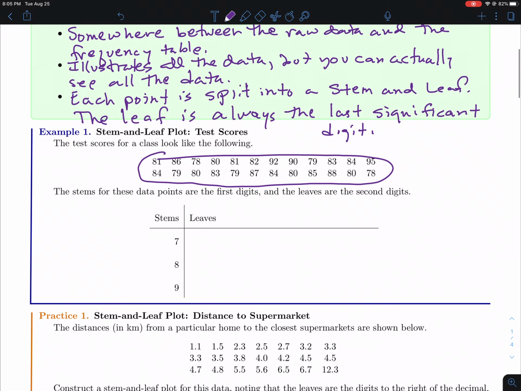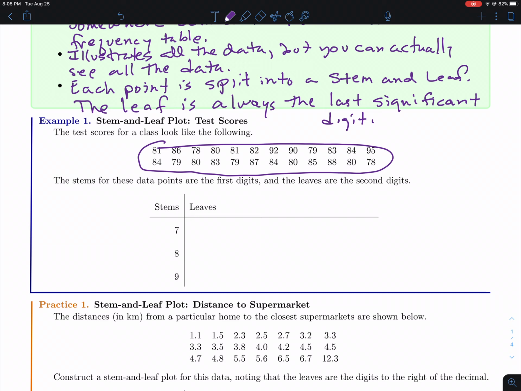So let's look at this to see what's going on. The first thing to notice is all of our data is in the tens position. It's between, what do we got, 78, 79, up to 90 something. So it's all 2 digits.